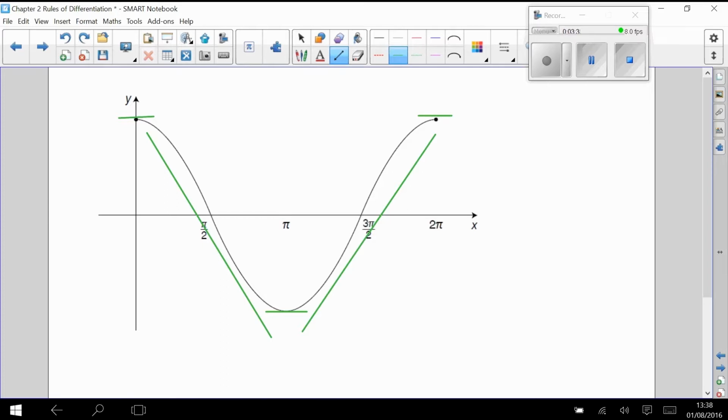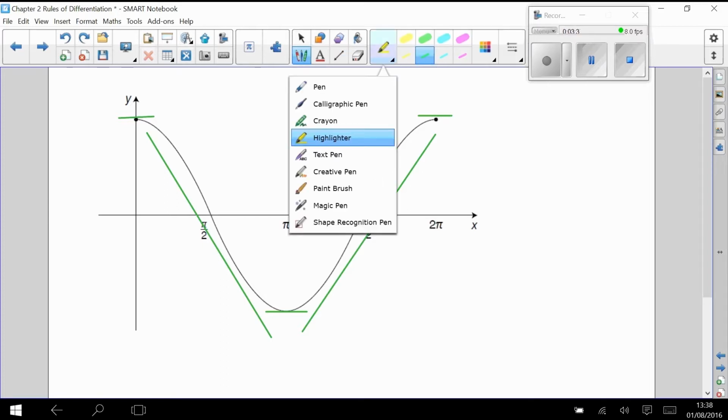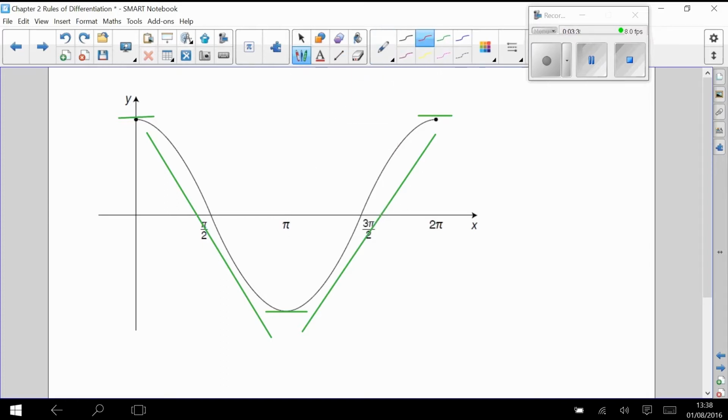Lastly, we must notice where we have concavity changes, and I have two concavity changes. The first one is when x is pi over 2, and the second concavity change is at 3 pi all over 2.